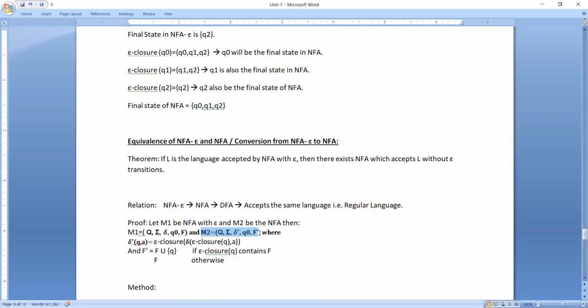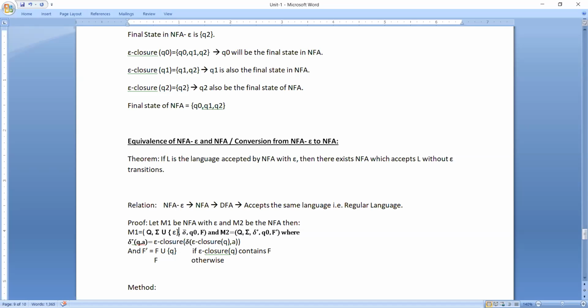I already told you that when you go from NFA epsilon to NFA, the same states available in the NFA epsilon will be available in the NFA also. The input alphabet is also the same. But in the case of NFA epsilon, you will have something additional, which is epsilon.